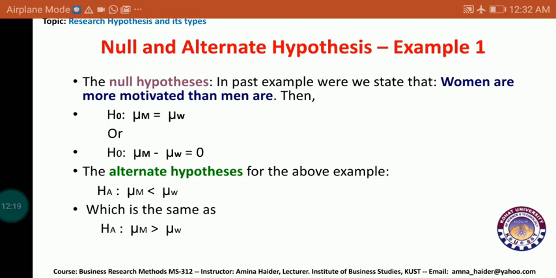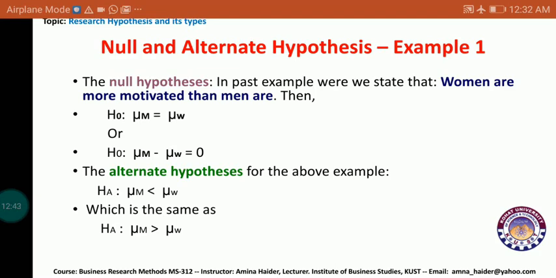But if we say that men are more motivated than women, or that women are more motivated than men, then it becomes an alternative hypothesis indicating that there is a difference between groups. When we indicate a difference between groups, that becomes an alternative hypothesis.